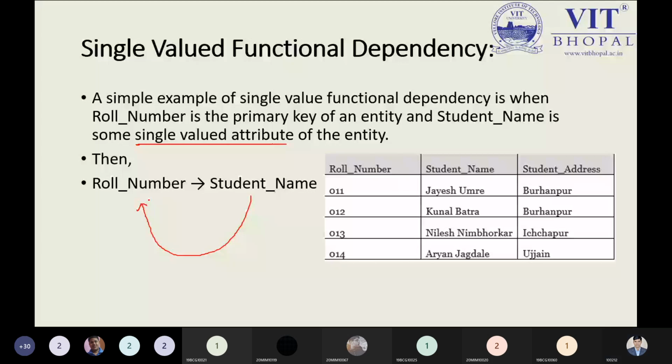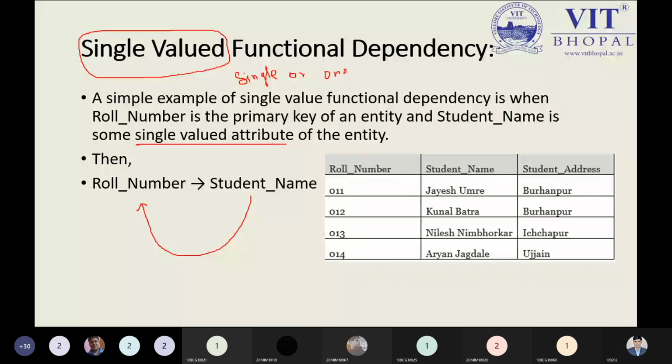That was my point. In the single valued case, I can write over here: single attribute, or one attribute will be there. One attribute. This is a good point.